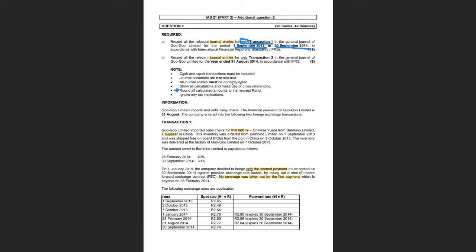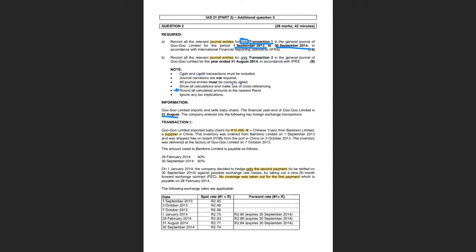If you scroll down to the information, it says Google Limited imports and sells baby chairs. The financial year end for Google Limited is 31 August. So that's our year end. But let's go back and scroll up to the required. It says we need to prepare this for 1st September 2013 to 30th September 2014.